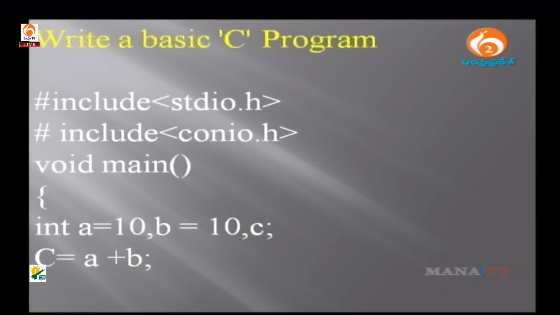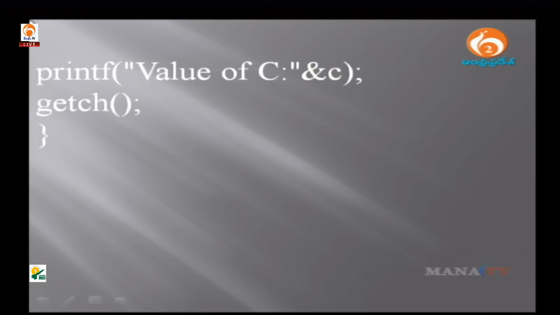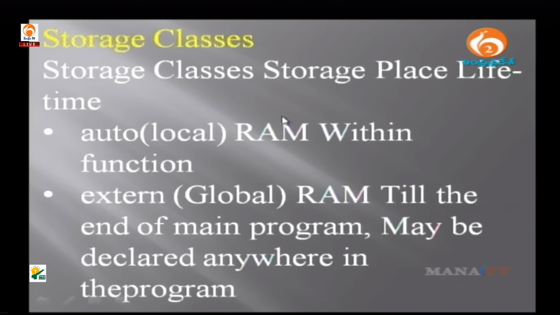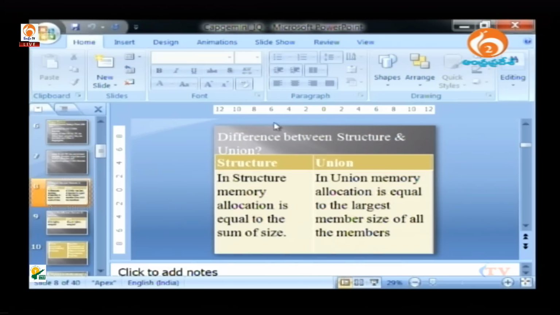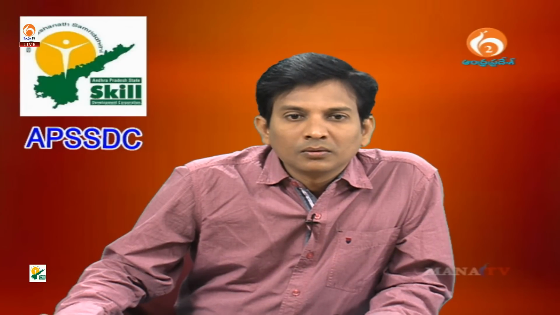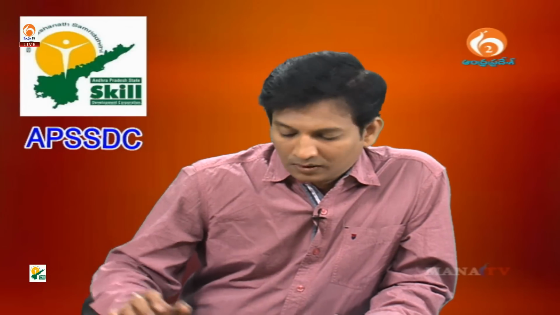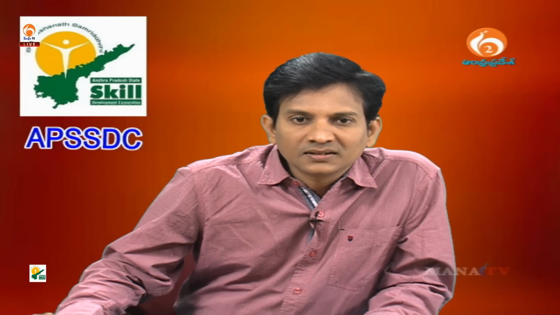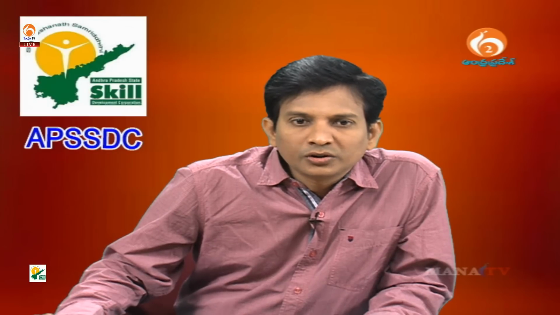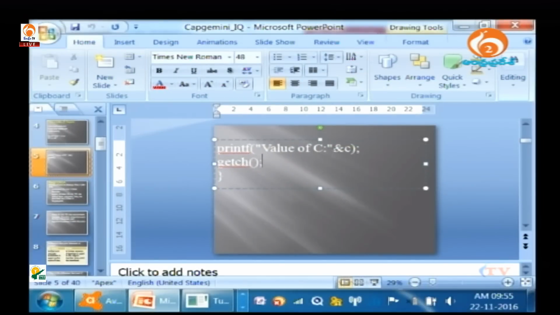Next we go to the third statement, that is displaying the result. printf, value of c. Here an ampersand is written, that is a mistake. You should not write the ampersand here, only c. For scanf only we need to write the ampersand.